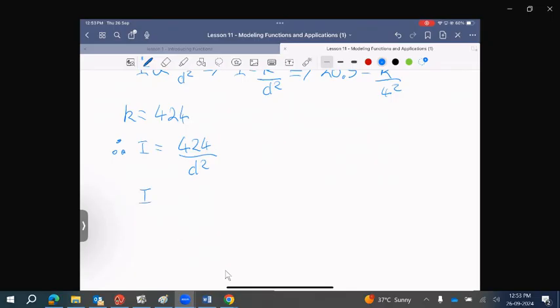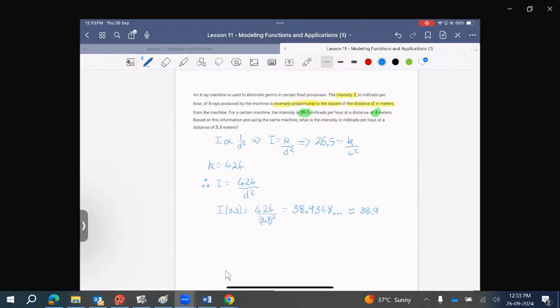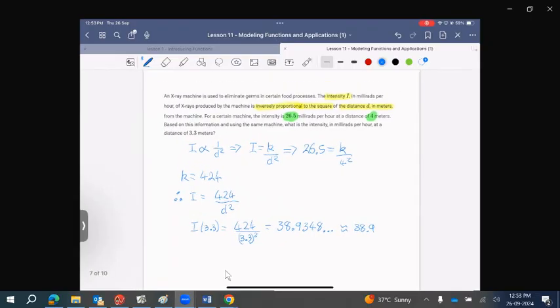So I of 3.3 is going to be 424 over 3.3 squared. And I get 38.9348..., which is approximately 38.9. I need to give the units, so I'm not quite sure how to write millirads, so I'll write millirads.